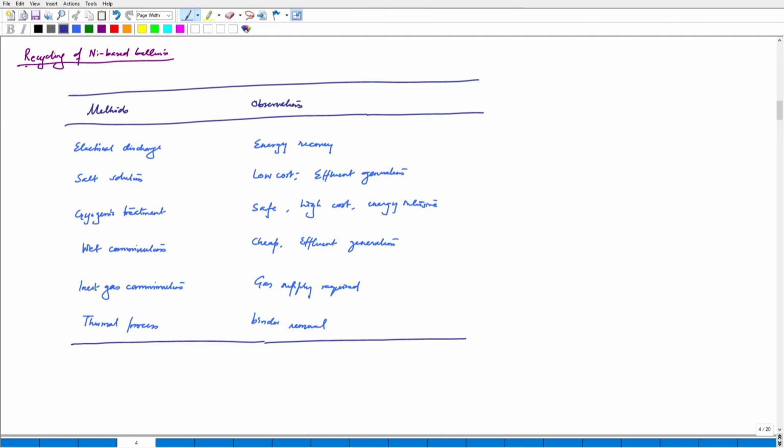Now, how do we go ahead for our recycling? The common route of recycling is basically, we know, pyrometallurgical and the other is hydrometallurgical. We will be covering them now.